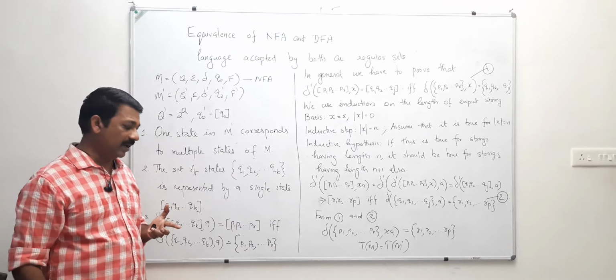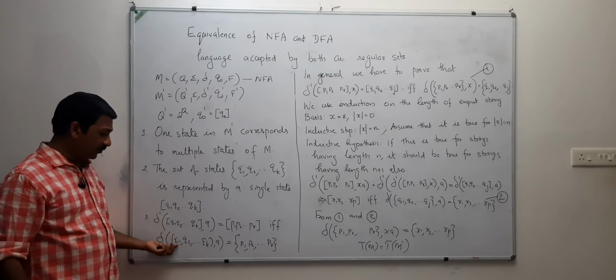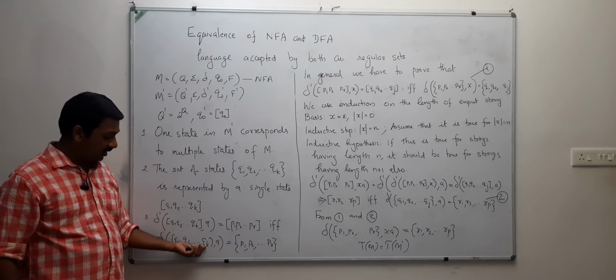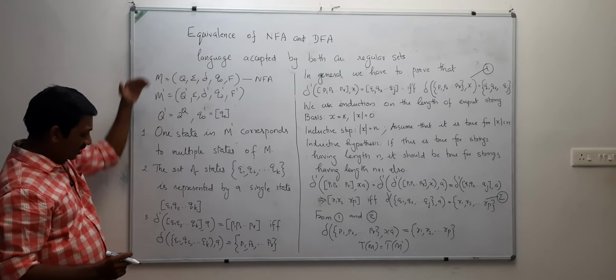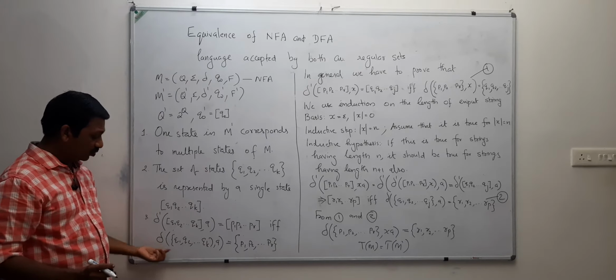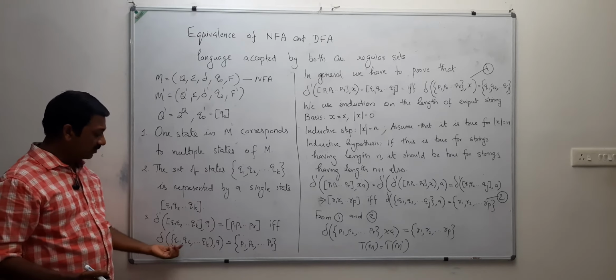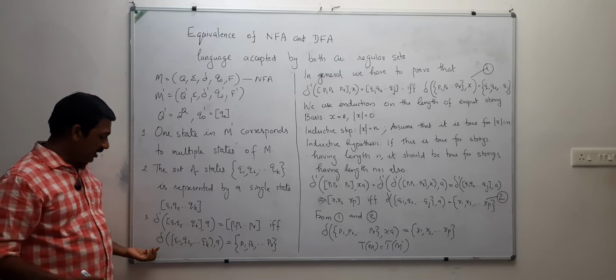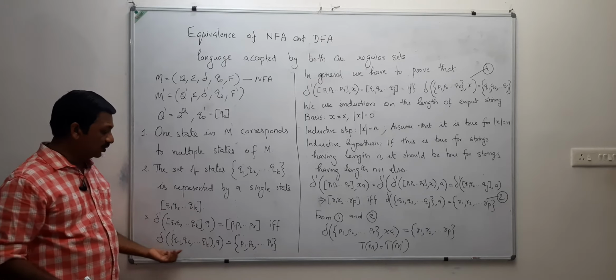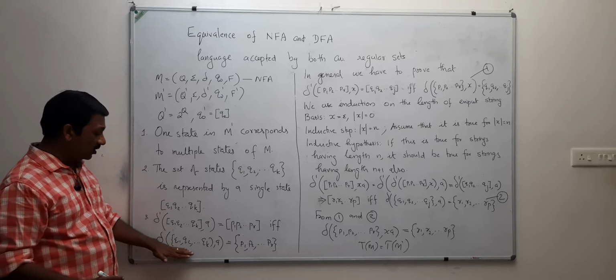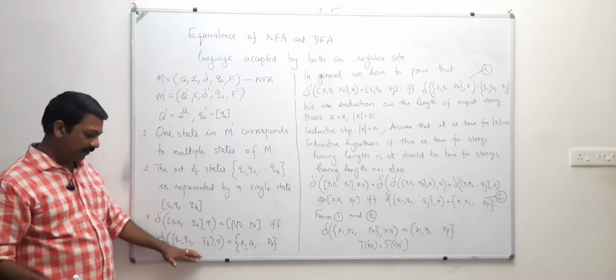What will happen? Delta of Q1, Q2, etc. up to Qk on A: in the original NFA, delta is applied to Q1 on A, to Q2 on A, to Q3 on A, and to Qk on A. These are all different states of the NFA.